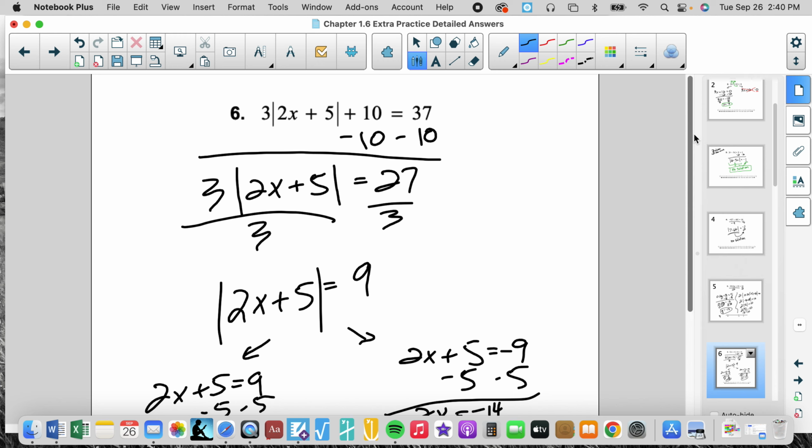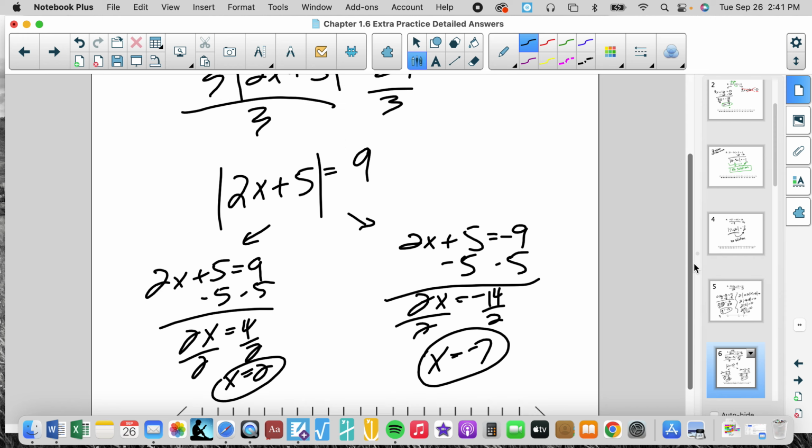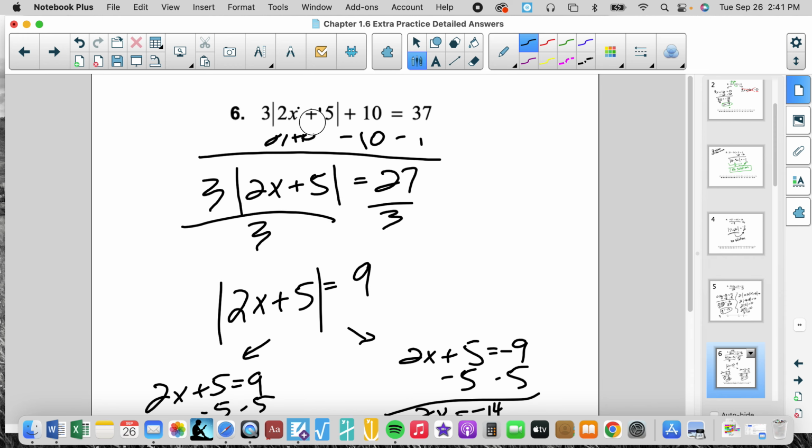We're going to stick with 2. So 2 times 2 is 4 plus 5 is 9. Absolute value of 9 is 9 times 3 is 27 plus 10 equals 37. That's good. And my other solution is -7.